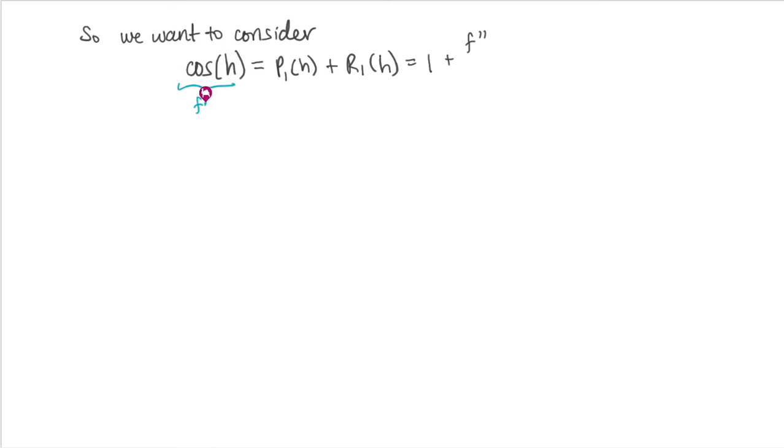cosine f of h here. I know that's not the full function that we're considering in that limit, but let's just call this f for now. So this is f of c of h over 2 factorial times h squared, where c of h is some value between where we're expanding about, so between h equals 0, and then where we end up evaluating this function.